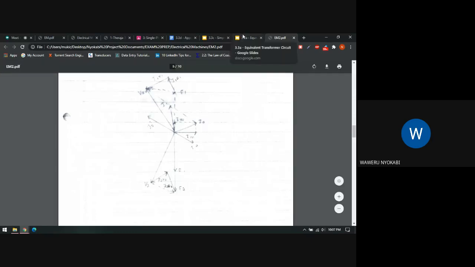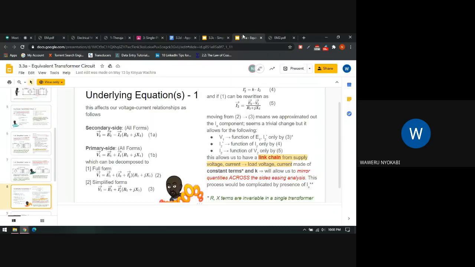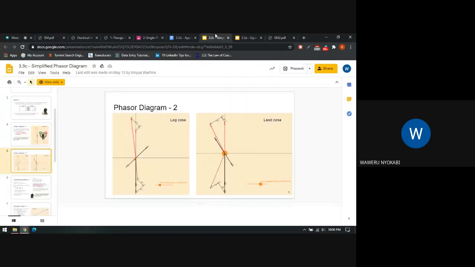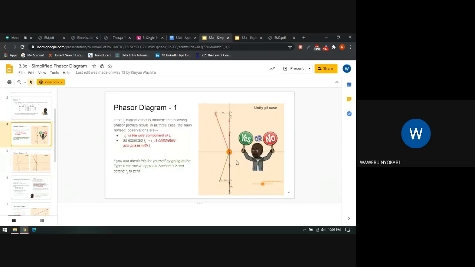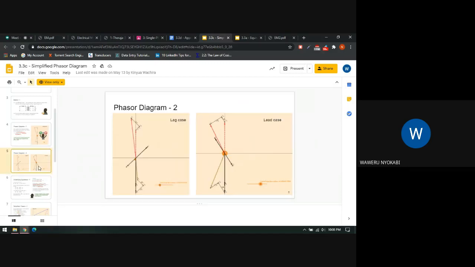So the difference between that and this is that now we don't have I naught, and now I1 is equal to I2 prime.